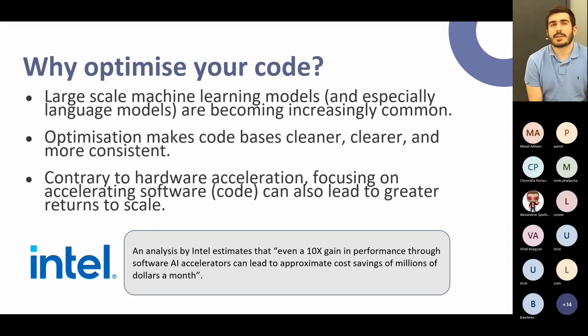At this point in time, large-scale machine learning models are becoming more and more common. So, for example, even ChatGPT or those AI large-scale models would take hundreds of years to train on one CPU, so parallelization.